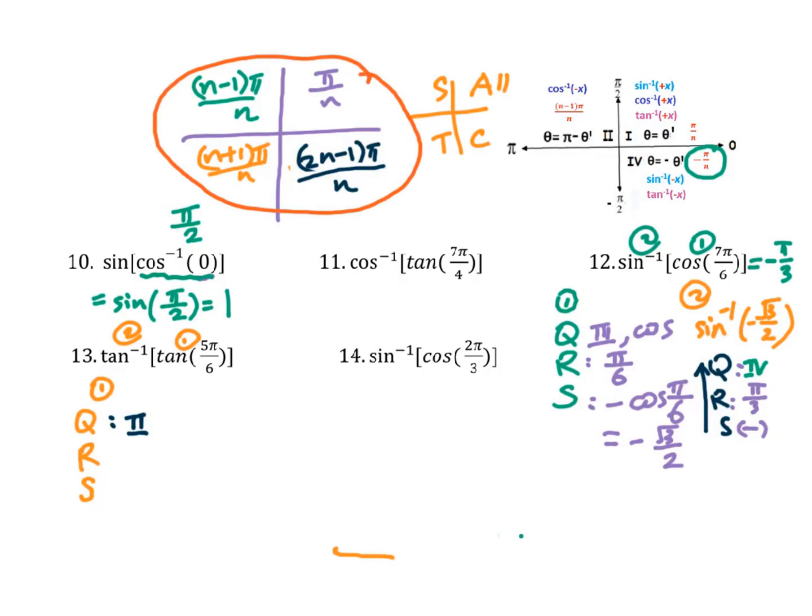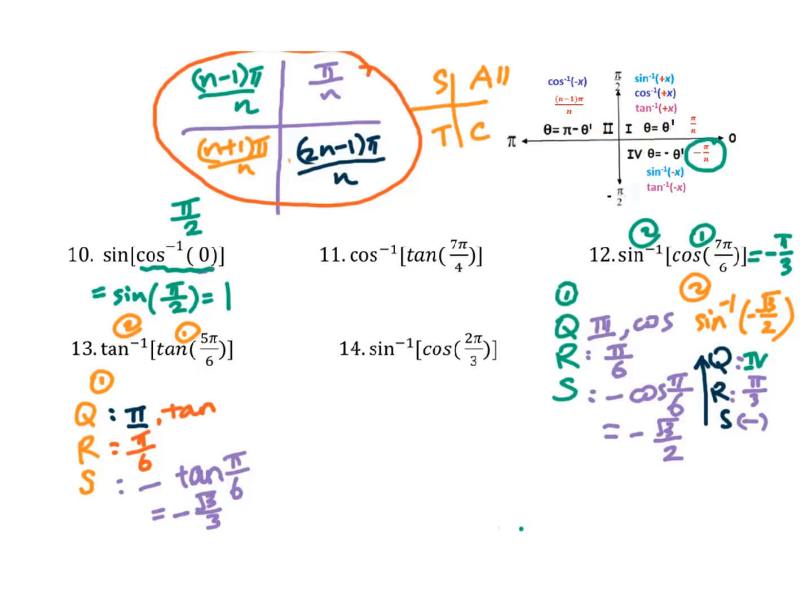Let's go to second quadrant. Reference angle pi over 6. For second quadrant tangent, using all students take calculus, we know that's a negative. So we got negative tangent pi over 6 means negative square root of 3 over 3.